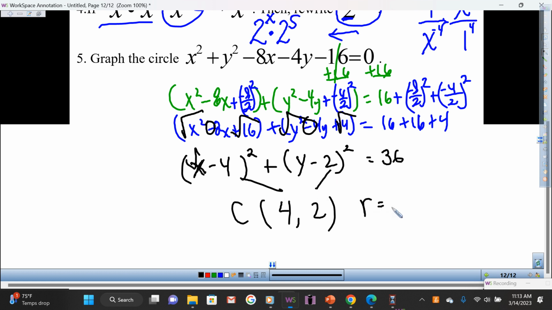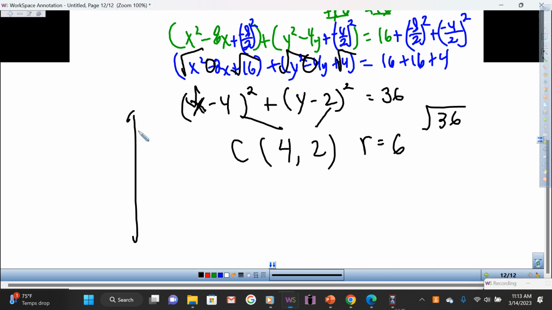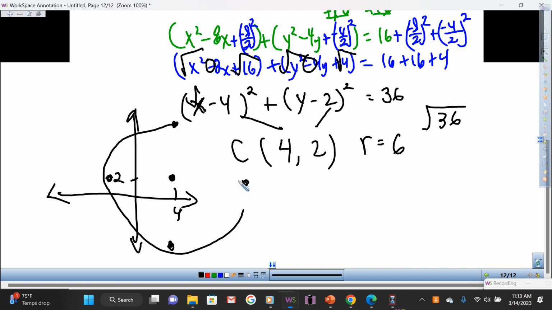What is our radius, Isabella? 6, that is correct. Or 36, take the square root. And now we can graph that. Our center is at 4, 2. 4, 2, right there. 6 steps in all directions. 6 steps this way, this way, and this way. And there you go. All right?